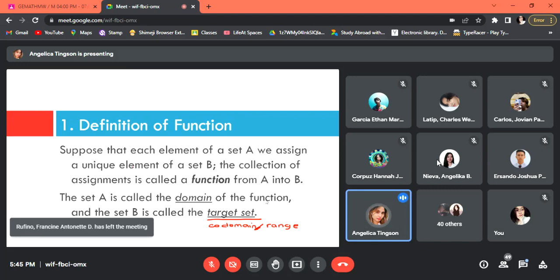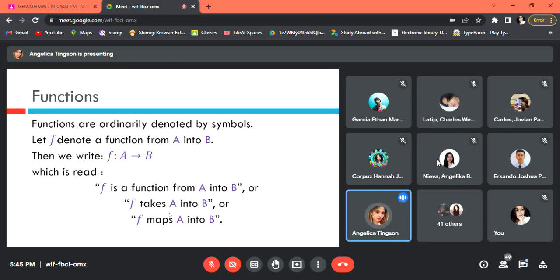Kailangan i-set B. Okay? So, yung set A, tinatawag natin siyang domain, then yung set B, tinatawag natin siyang range, or kaya sa algebra, yung X, tinatawag natin domain, then yung Y, tinatawag natin range.